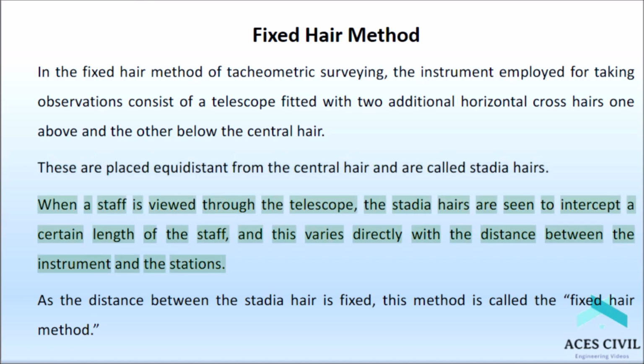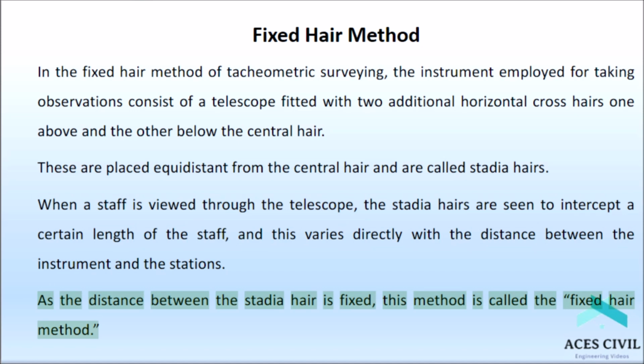When a staff is viewed through the telescope, the stadia hairs are seen to intercept a certain length of the staff, and this varies directly with the distance between the instrument and the station. As the distance between the stadia hairs is fixed, this method is called the fixed hair method.